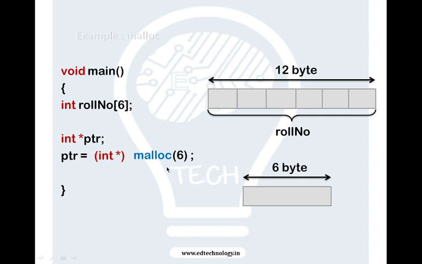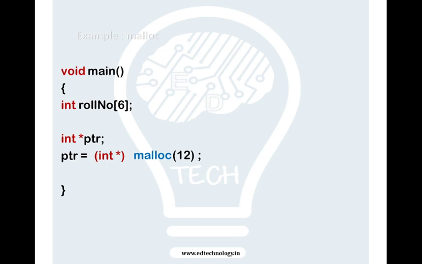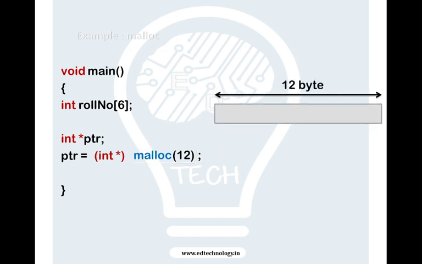So I need 6 bytes to store only 3 variables, I'll keep only 6. If I want 6 variables and 12 bytes, I can do this, which I have done in the program where I am changing the program to 12. So now once I change it to 12 bytes, ultimately if you can see properly, it occupies 12 bytes.